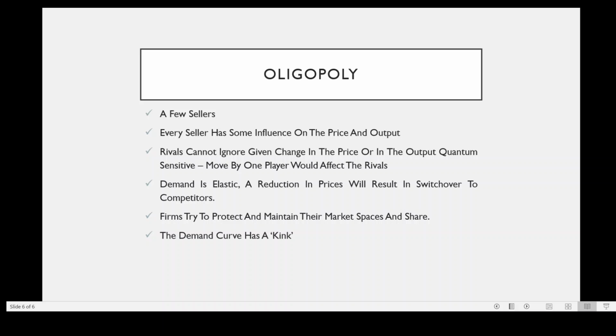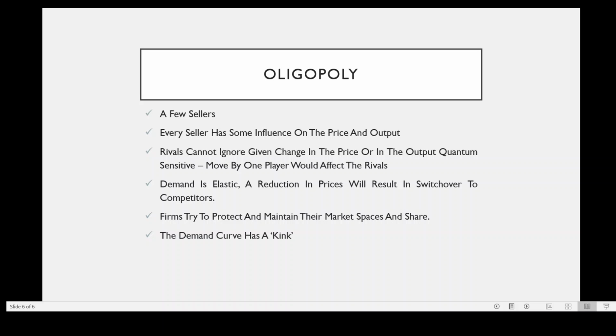The fourth one, the final one, is oligopoly, where you have very few sellers. The best example of an oligopoly is the Organization of Petroleum Exporting Countries, OPEC, where you have a dozen plus countries acting together in deciding on the price or quantity of oil. So every seller has some influence on the price and the output.